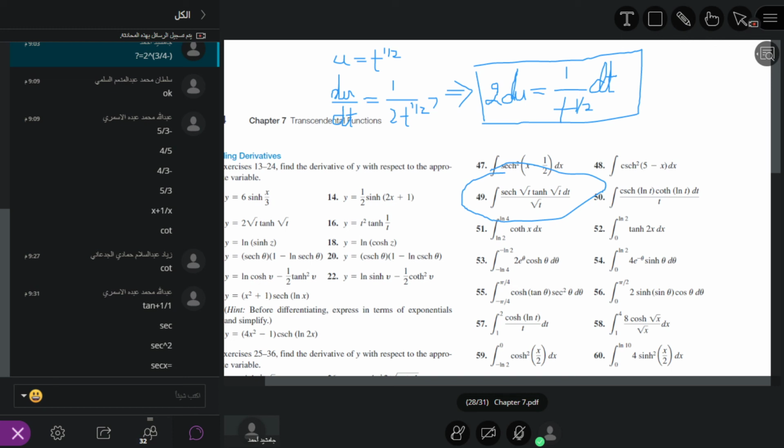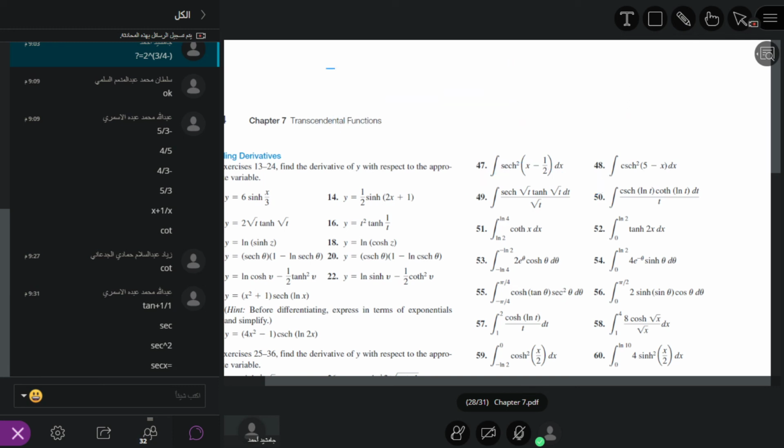Thus the given integral will be converted into this integral: 2 times the integral of sec hyperbolic u tan hyperbolic u du.